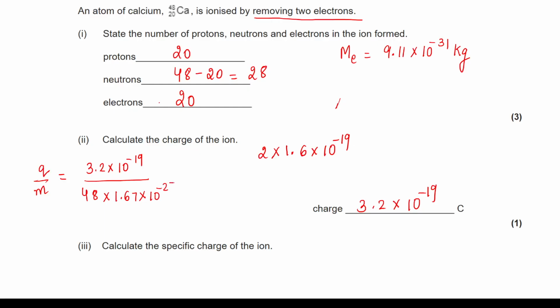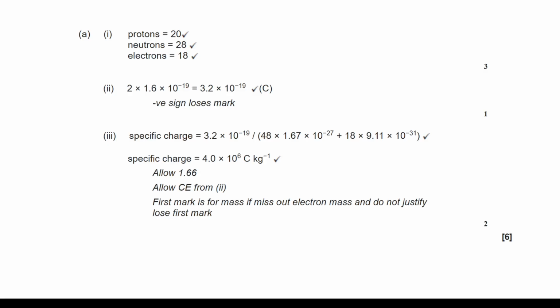So I'm taking directly 48 times this plus 18 electrons because it has lost 2 out of 20. It has 18 left, times 9.11 times 10 to the power minus 31. That's it. Just plug into your calculator and divide. Let's just see the mark scheme. See here, so we got this, 3 marks.